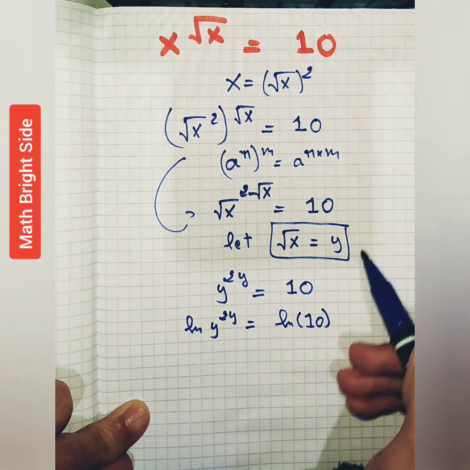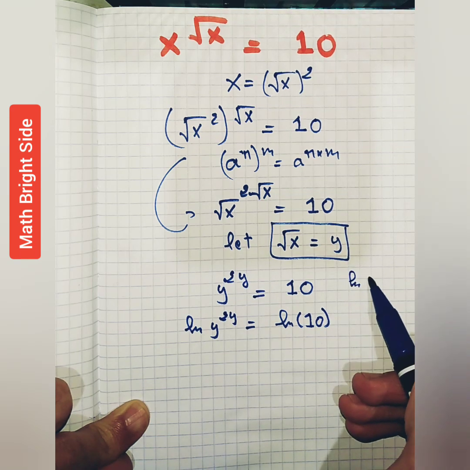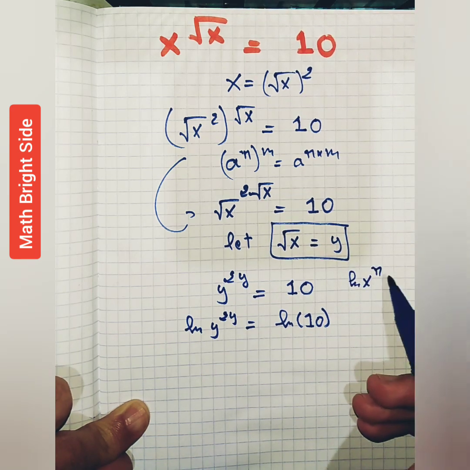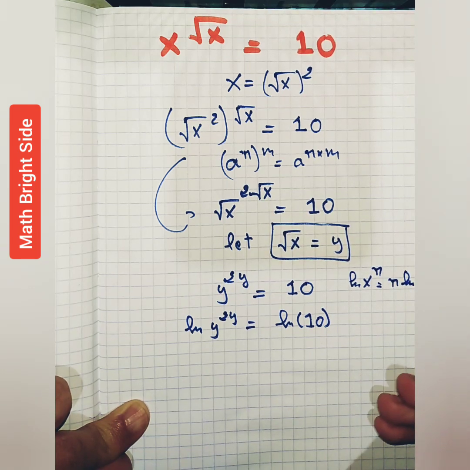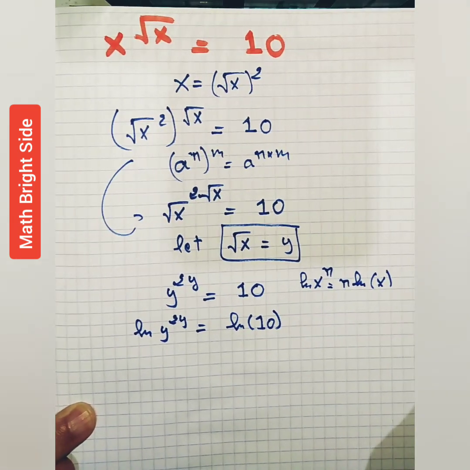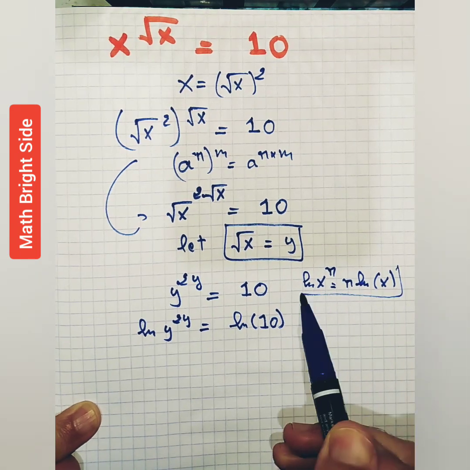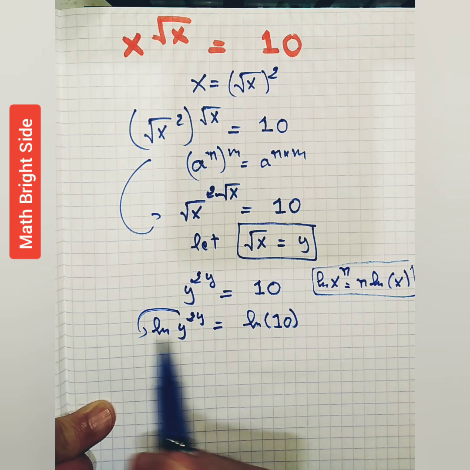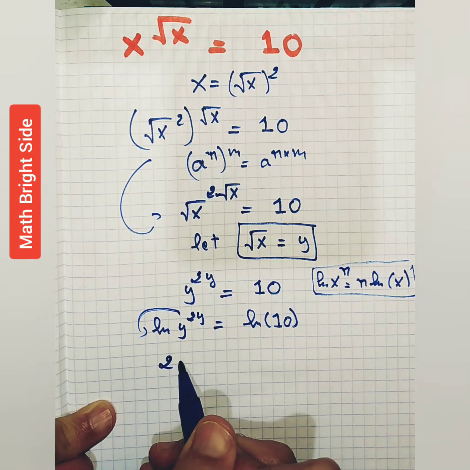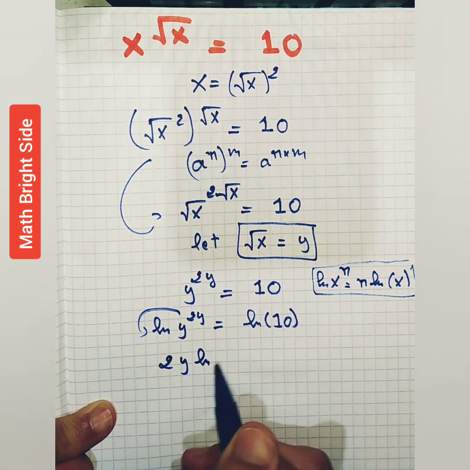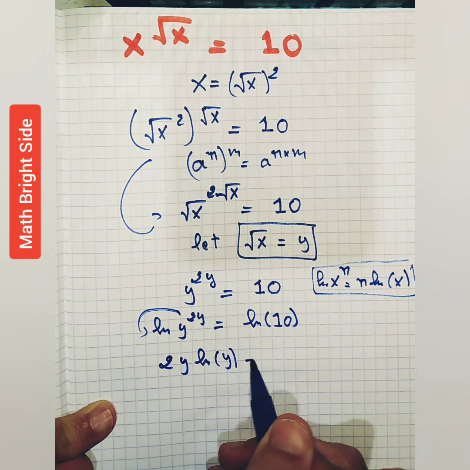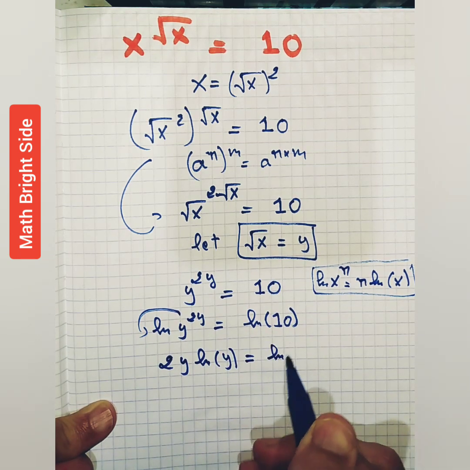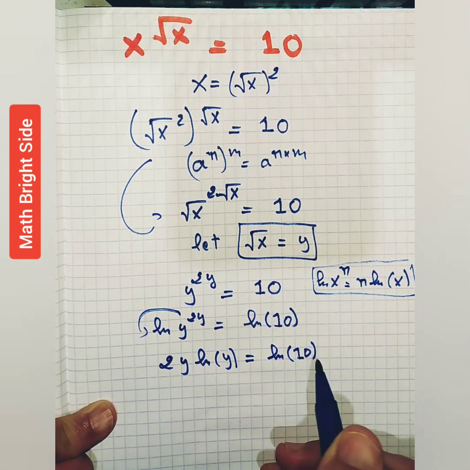We know that ln x power n equals n ln x. So this equals 2y ln y is equal to ln 10.